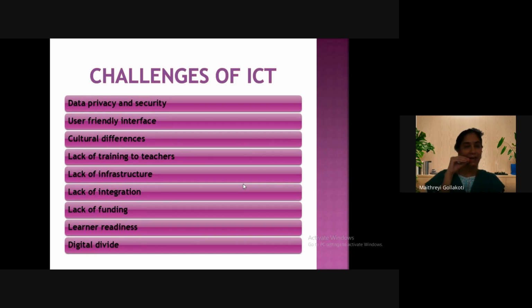The first challenge that we can talk about is data privacy and security. It is very convenient to put all the information on the internet, isn't it? But mostly we see that there are many cyber attacks nowadays, isn't it? Data is very easily stolen. So we are putting so much information about the college, about the student, about everything on the internet, so it should be protected properly.